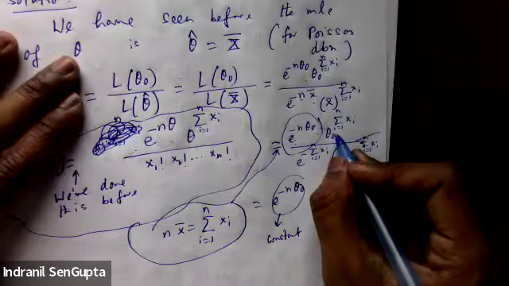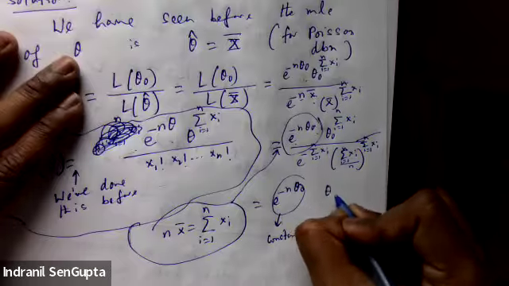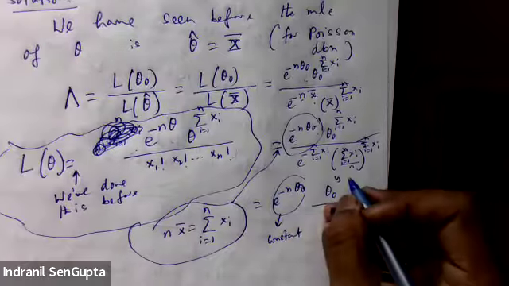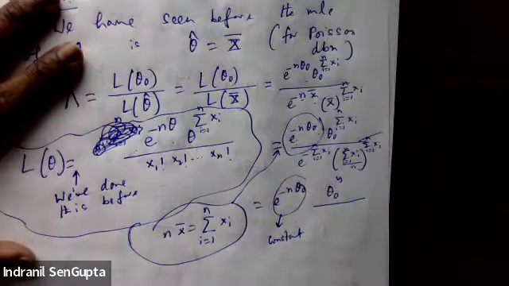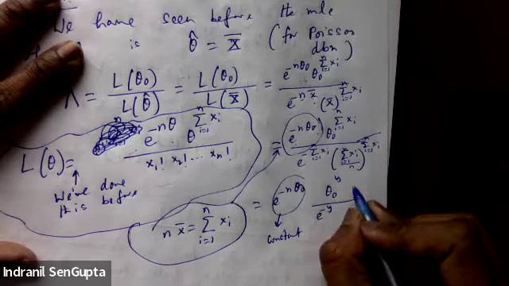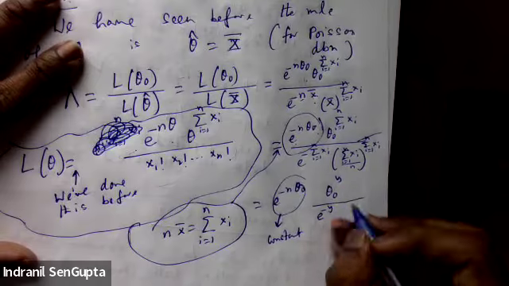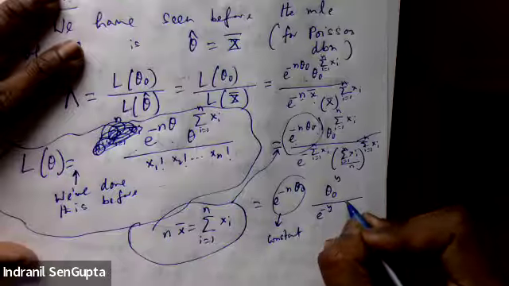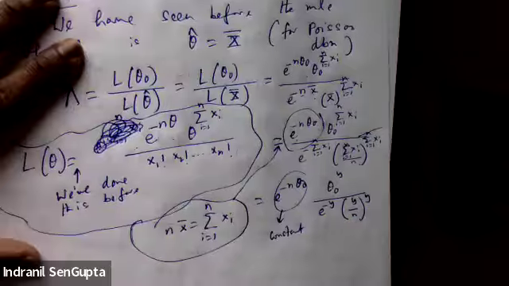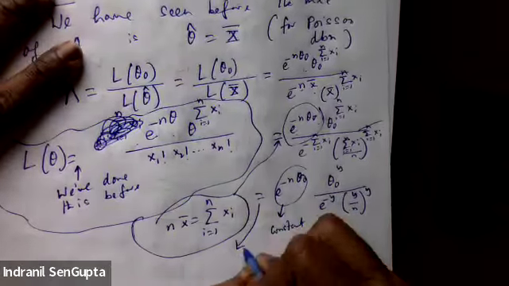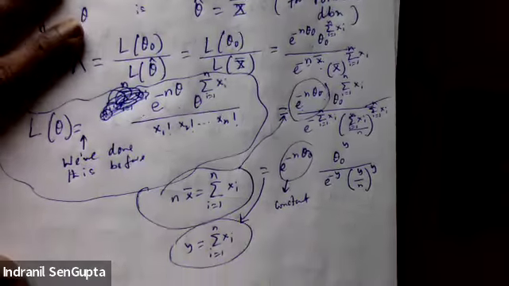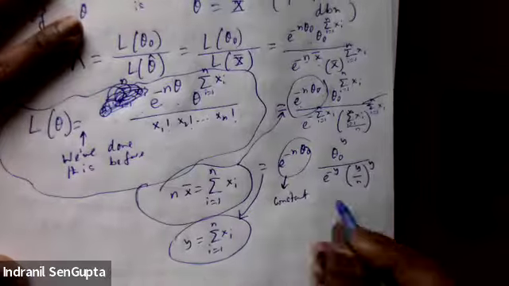So I can write this as theta 0 to the y, e to the minus y, and this is y over n to the y, where y is summation i from 1 to n x_i. I use this notation. So it's a constant times this one.